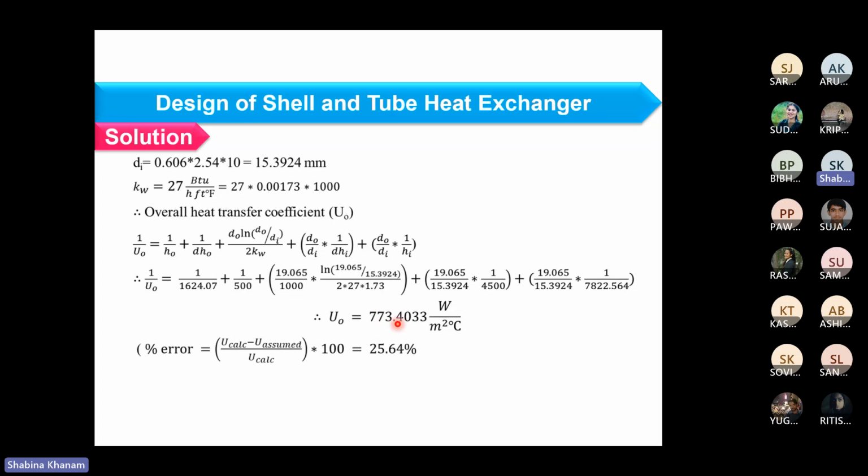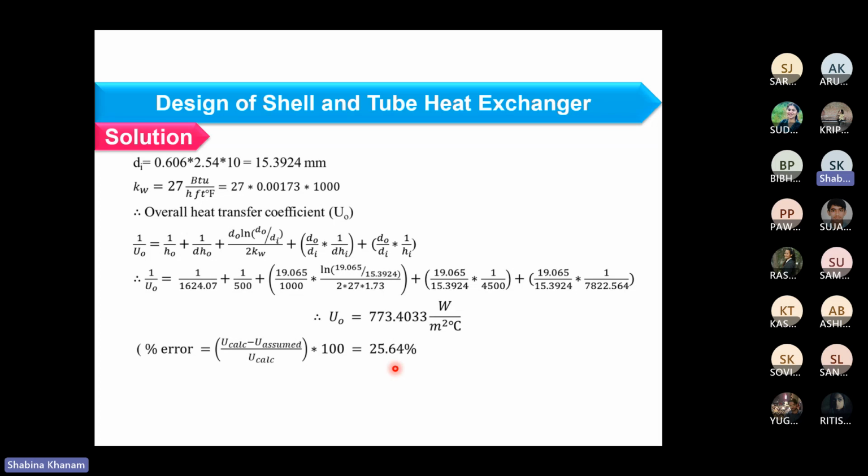So this is coming as 773, and the assumed value was 575. When you calculate the percentage error considering the assumed value, it is coming as 34% or so, which is near to 30, but obviously it is higher.